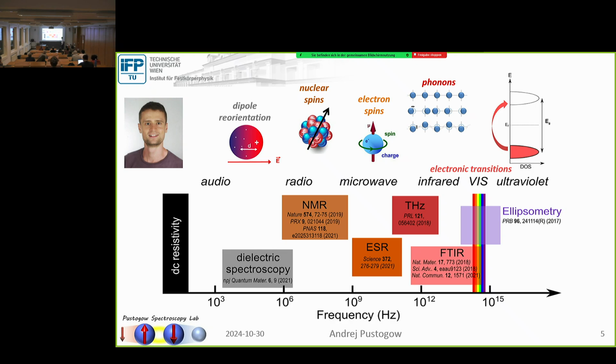At higher frequencies, I contributed to some electron spin resonance work, where one can excite the electrons directly. And then we go to the optical range, terahertz frequencies, infrared frequencies, and up to the visible range. In infrared, we typically can look at phonons and also at the electronic excitations. And the higher we go, the larger the energy gaps we can cross.